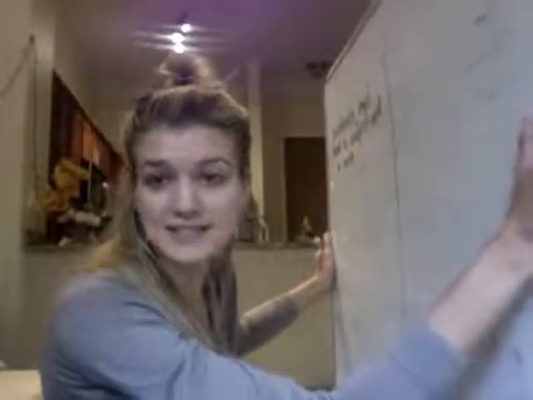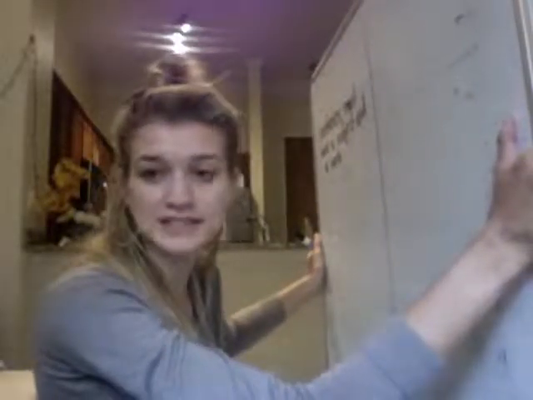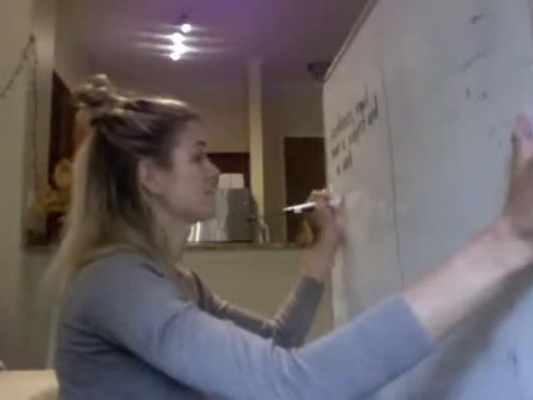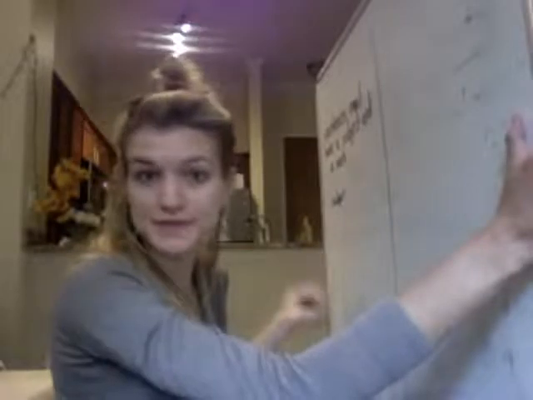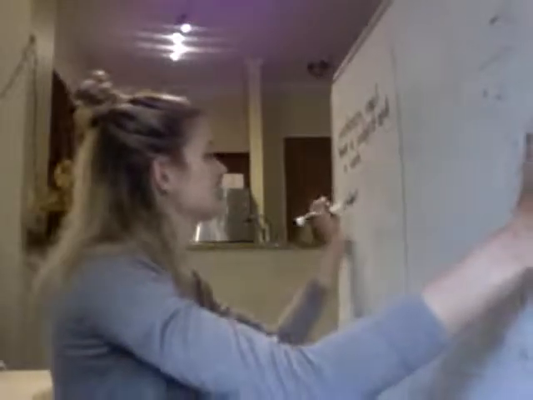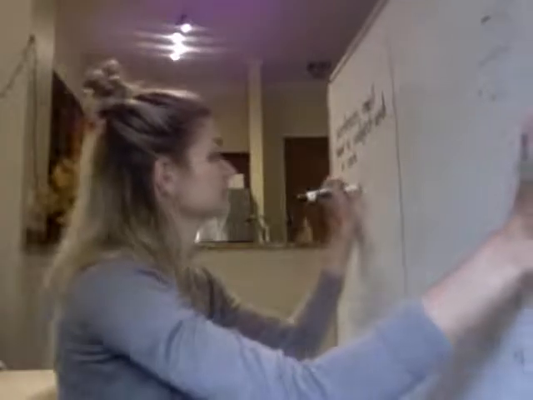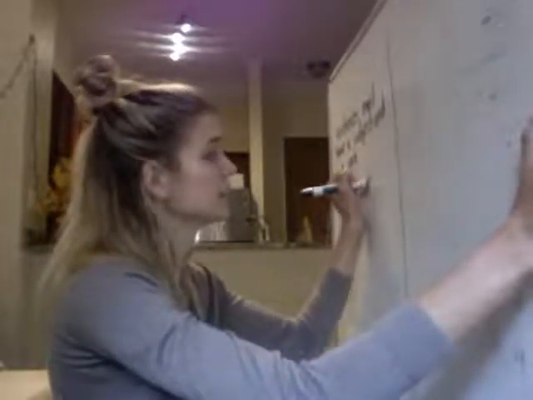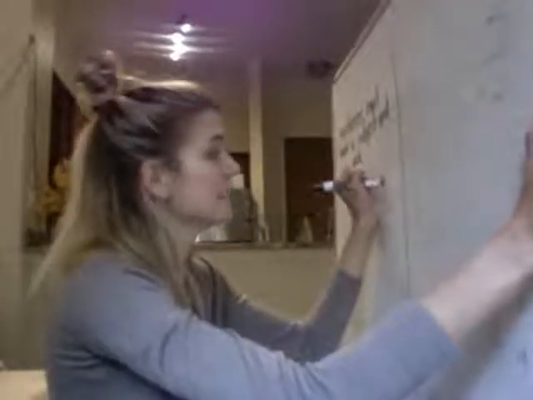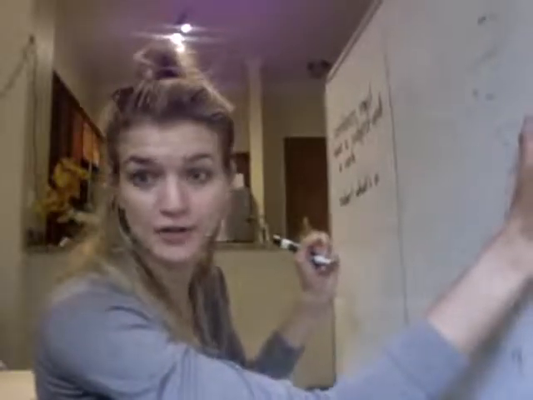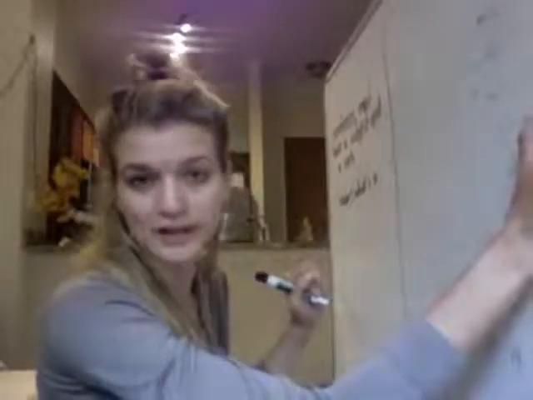Okay, a subject is like a topic. What is your sentence about? Whenever you write a sentence, whenever you say a sentence, the sentence is always about a subject. It could be a person or it could be a thing. If I said Chester is looking out the window, who am I talking about?